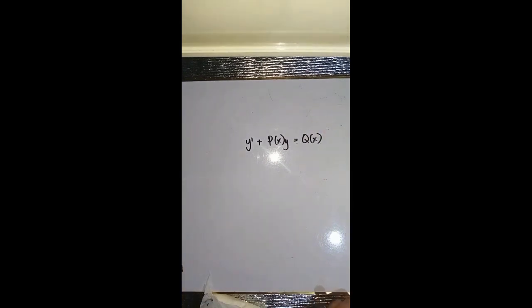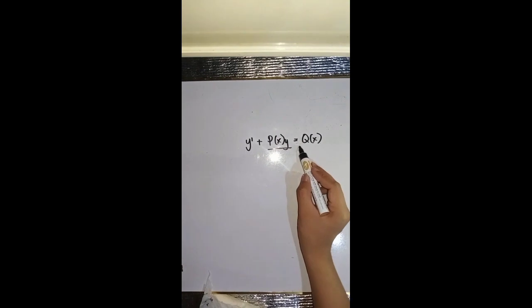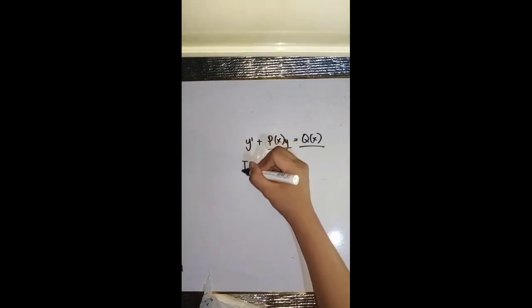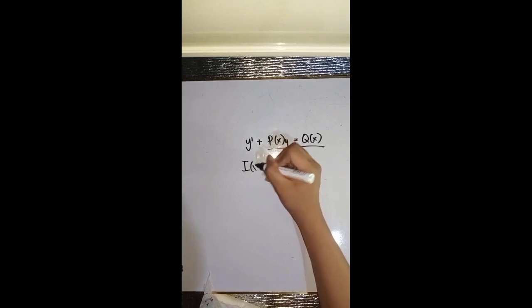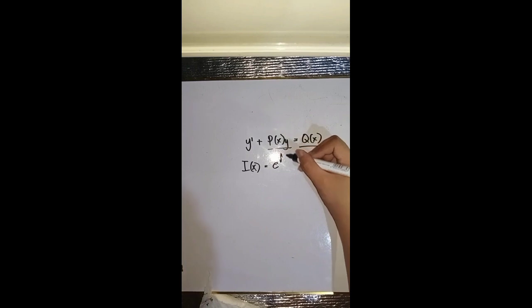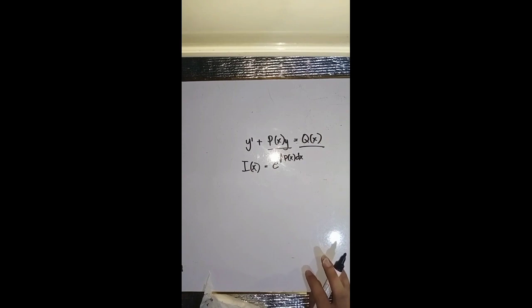Now, after writing it in a standard form, you need to identify the functions p of x, multiplied to y, and q of x. After identifying those functions, you can now write the integrating factor. So, the integrating factor is equal to e raised to the integral of p of x dx.